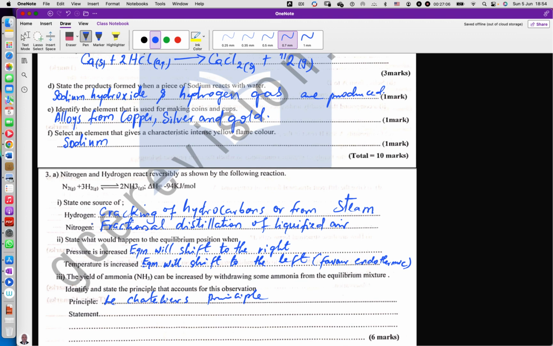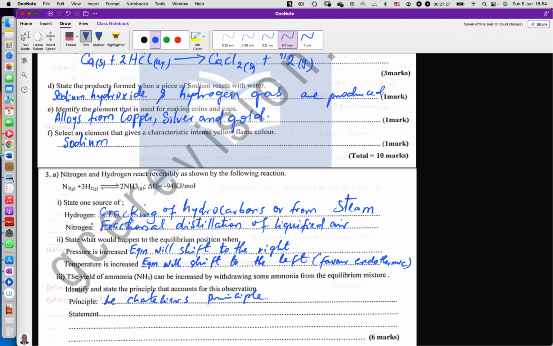That one source of hydrogen. You know, we have been dealing with hydrogen, the composition of hydrogen in the air, and even when we were doing hydrocarbons, how we can get hydrogen from cracking of large hydrocarbons.